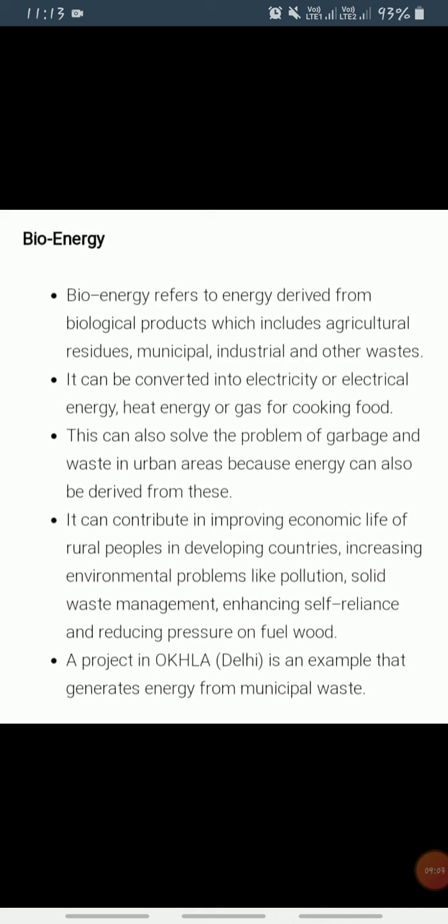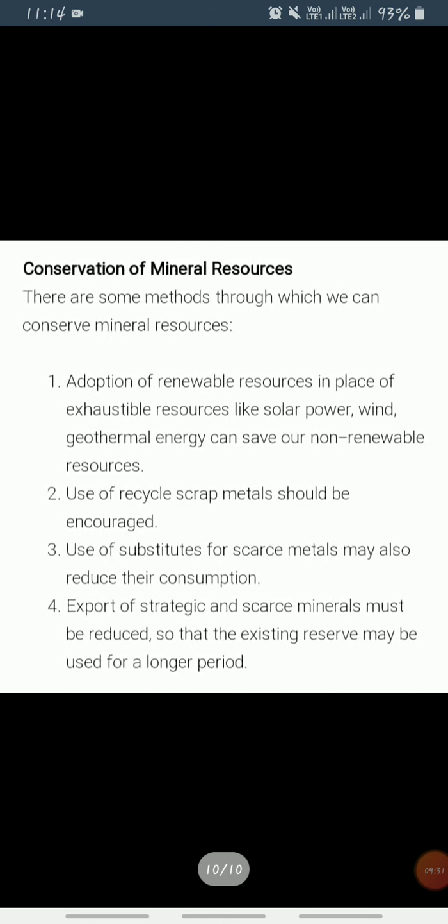It will also process the waste and garbage and produce energy, and this will improve the economic life of rural areas in developing countries, reduce environmental pollution, enhance self-reliance and reduce pressure on fuel wood. One such project converting municipal waste into energy is in Okhla, in Delhi. Clear?